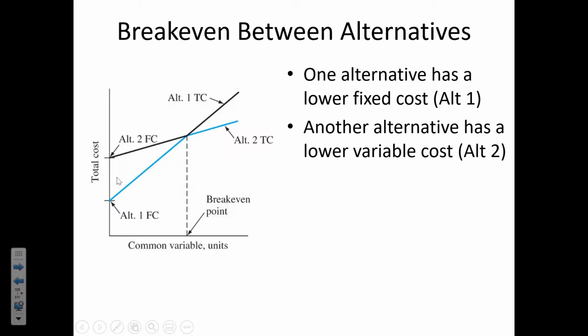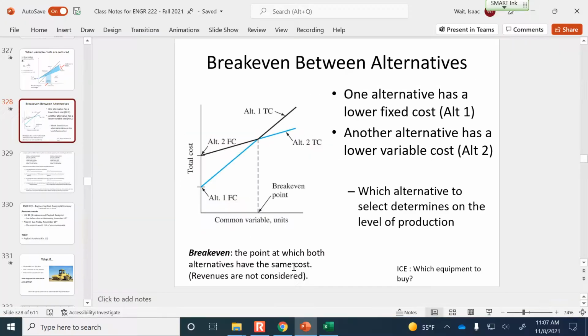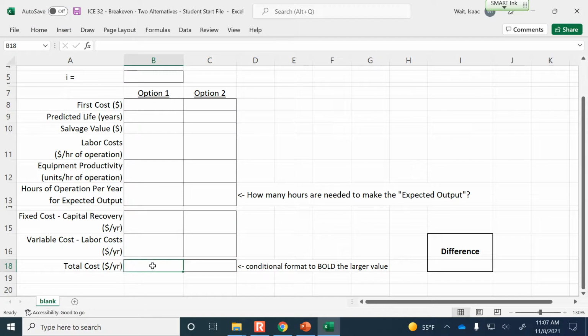But then this alternative 2 had the taller intercept because it's the initial purchase price, the fixed costs, if you will, are higher, but the costs of operation are lower. So the crossover point where these two curves intersect, that is when the total costs are equal, so the difference is 0. Okay, so that's just to step you through and refresh your memory about that template file.